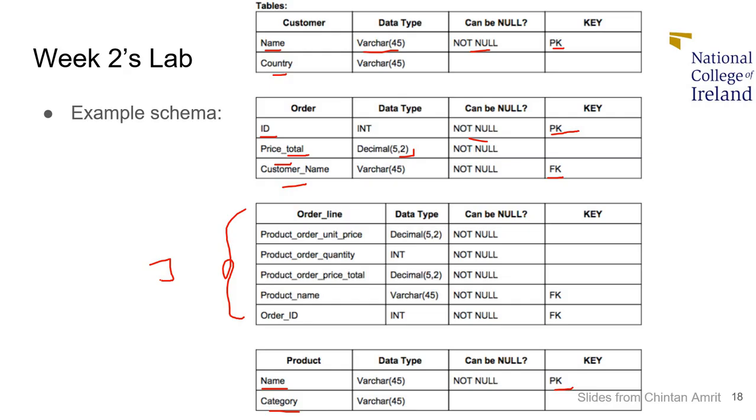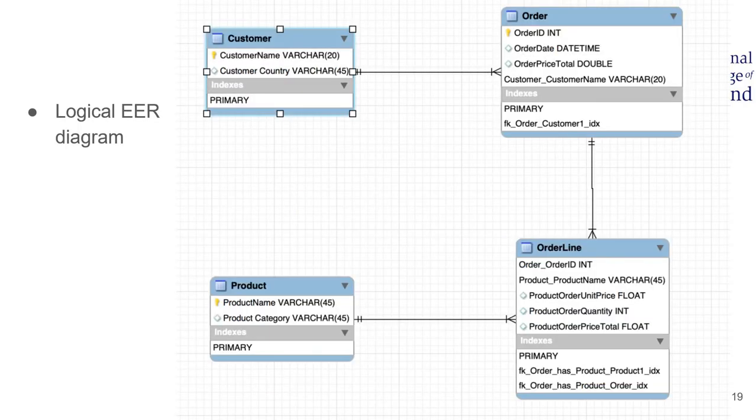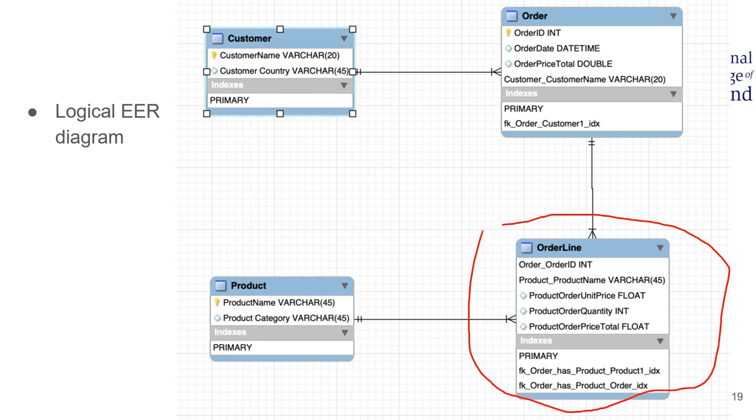So what is good about MySQL is that this junction table here can be automatically added for you. So this is the logical ER diagram that you were supposed to make, where we have the customer table, the product table, the order table, and then the junction table called order line.